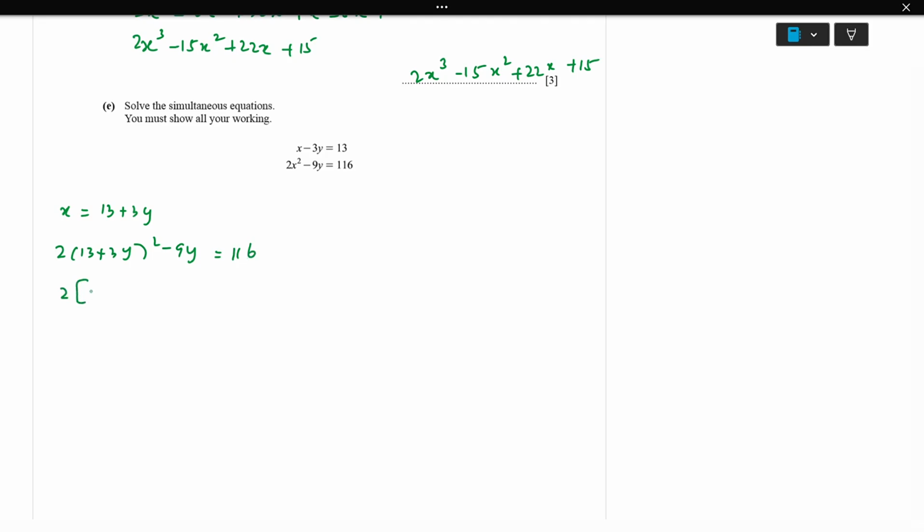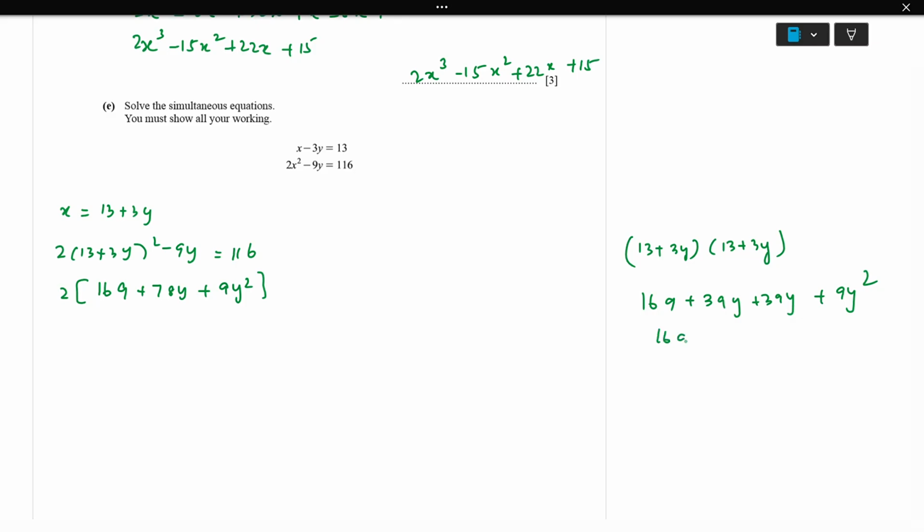Now expanding 13 plus 3y times 13 plus 3y: normal multiplication, which is 13 times 13, which is 169, plus 39y plus 39y plus 9y square, so 169 plus 78y plus 9y square.